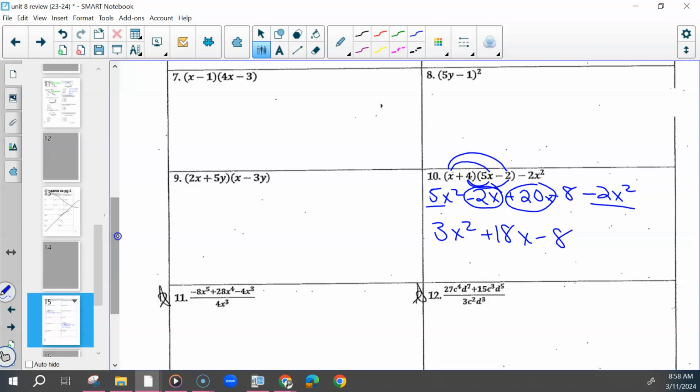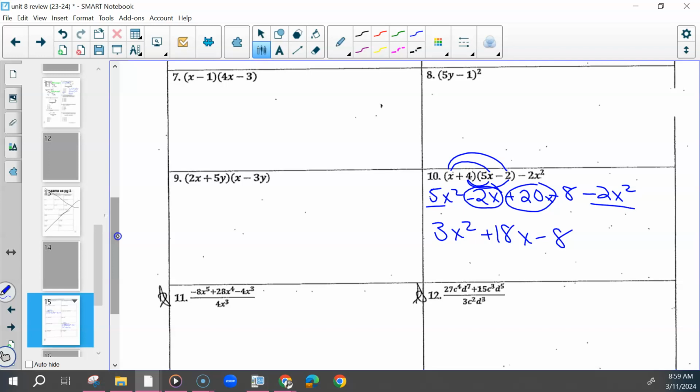Or the last page? FOIL: first, outer, inner, last.